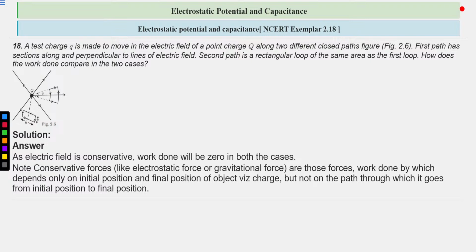Note: conservative forces like electrostatic force or gravitational force are those whose work done depends only on the initial and final positions of the object, here the charge, but not on the path through which it goes. So it doesn't depend upon the path. We can follow any other path, and if we come back to the same point, the work done is 0.